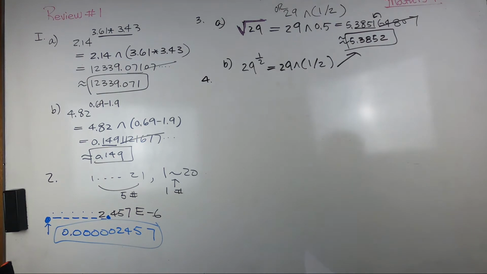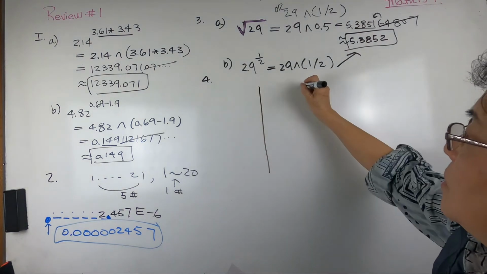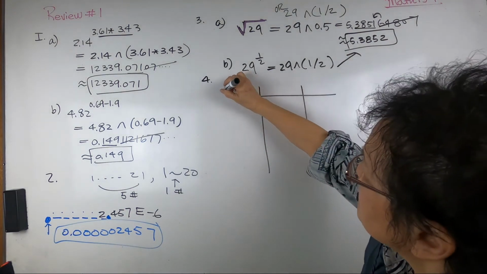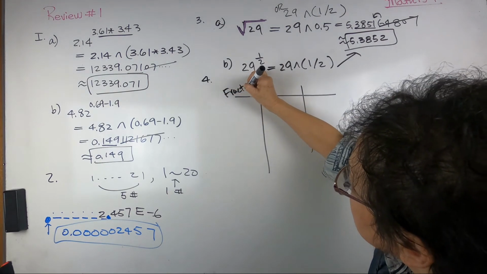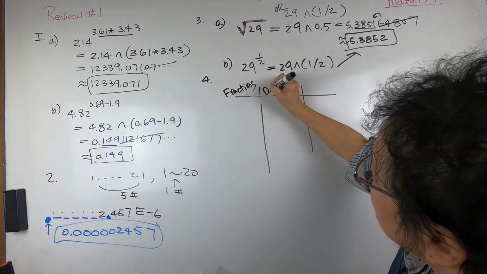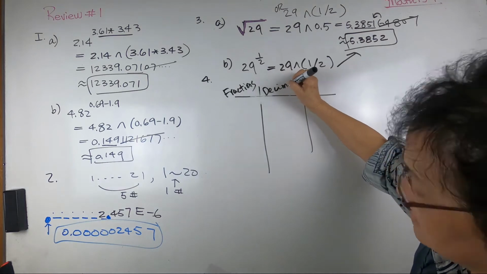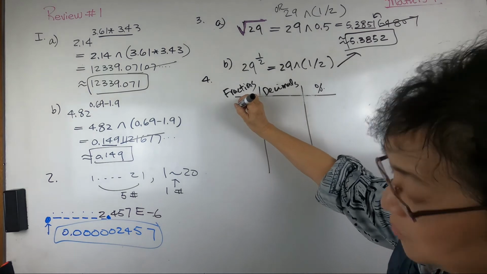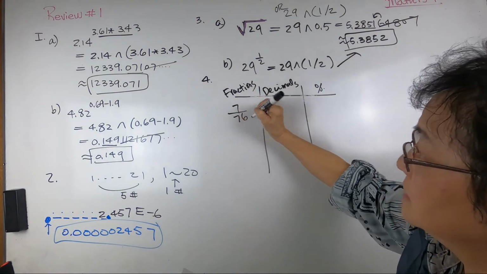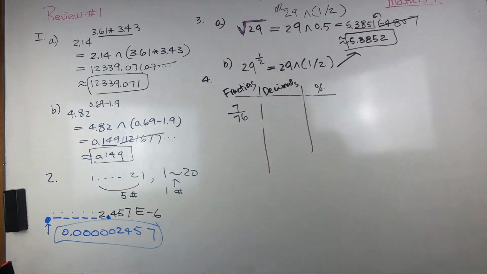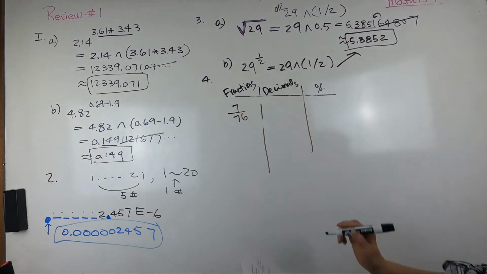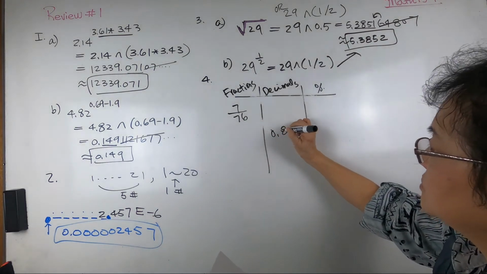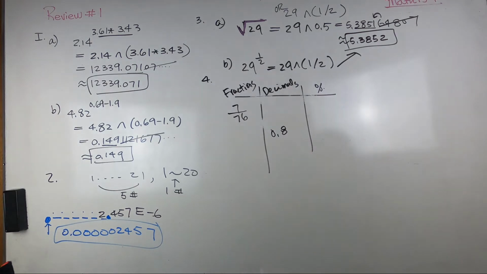Next one, we say all the fractions, decimals and percents are interchangeable, right? So we want you to change fractions to both decimal and percent. Or if you have decimals, you need to find the other two.